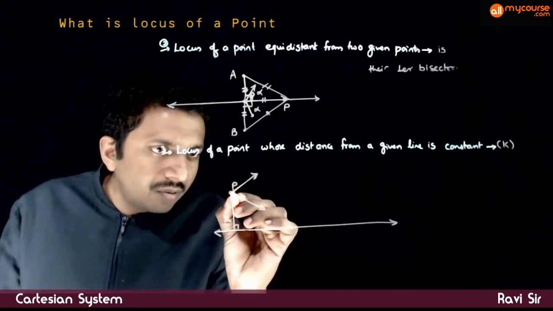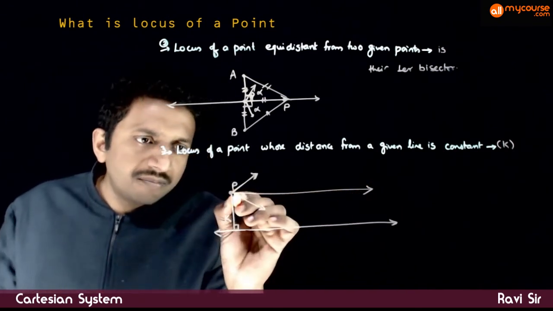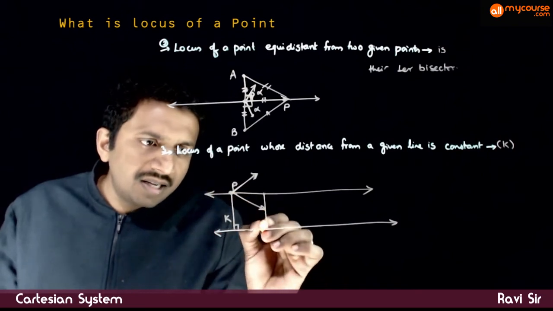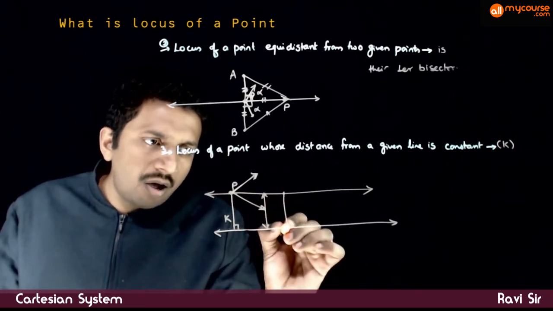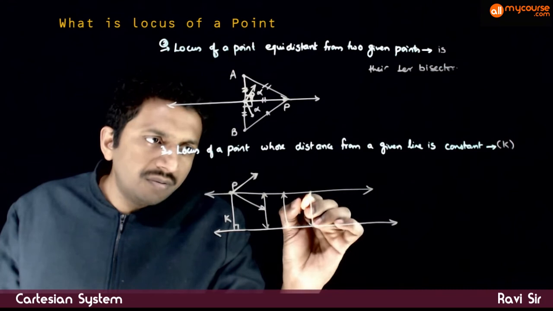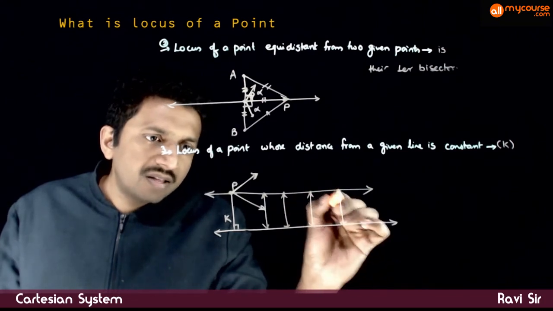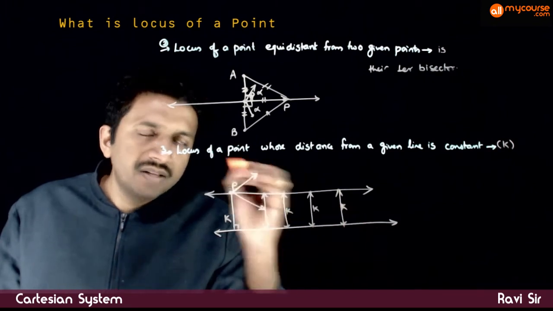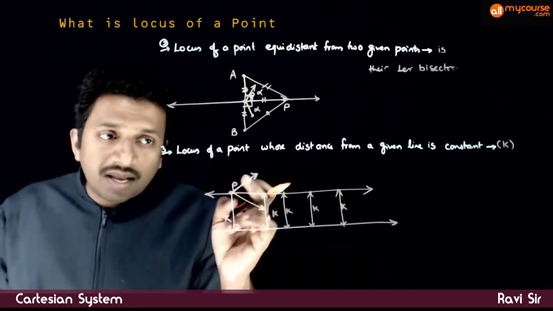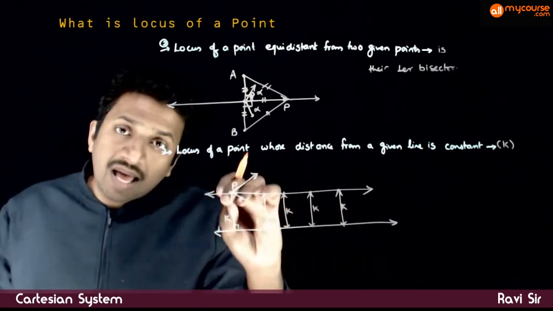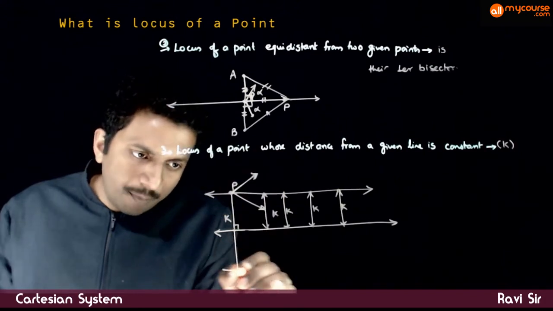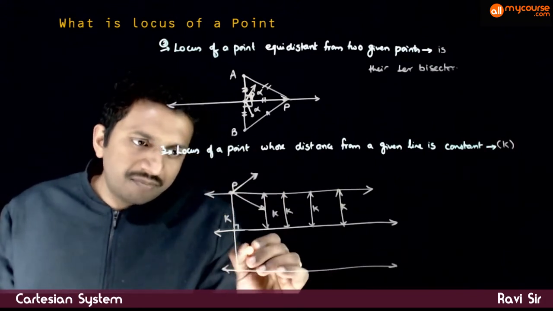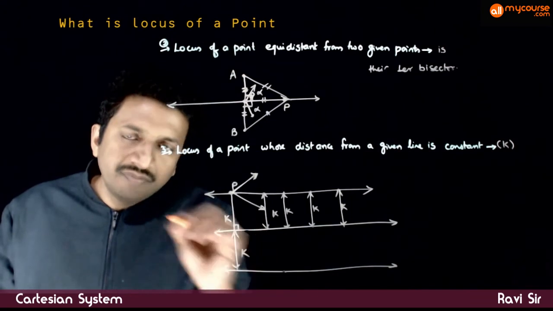It has to go parallel to the given line, such that this distance will always be equal to k. So you can have a parallel line above this line or a parallel line below this line, such that this distance is equal to k.